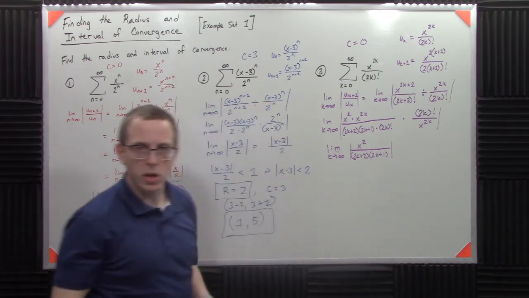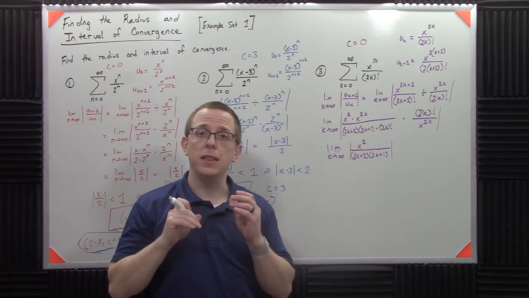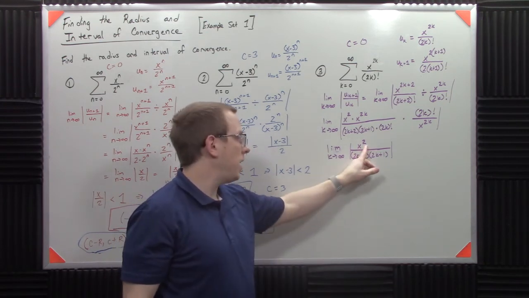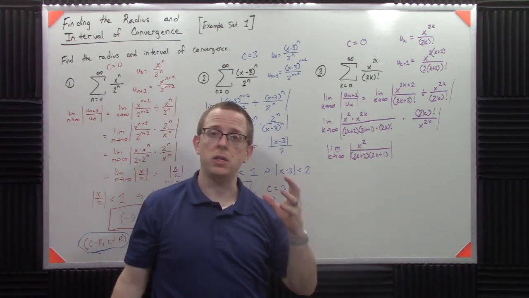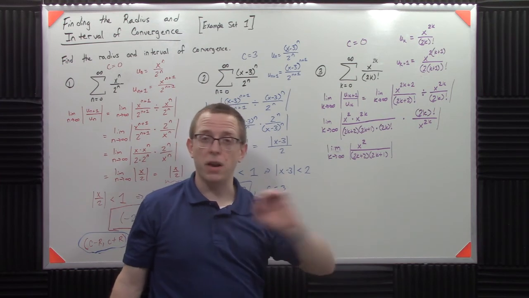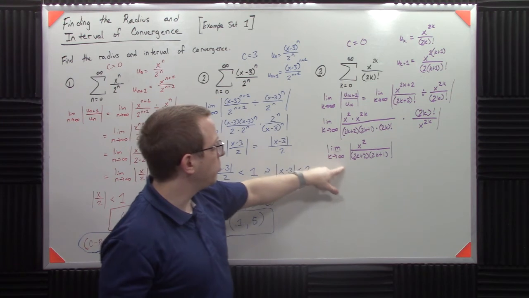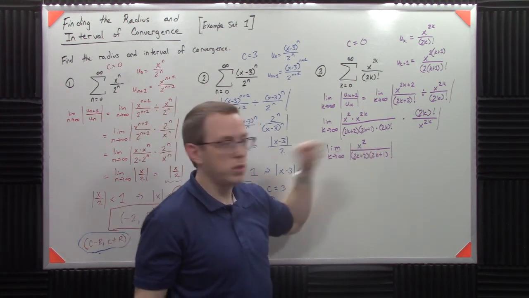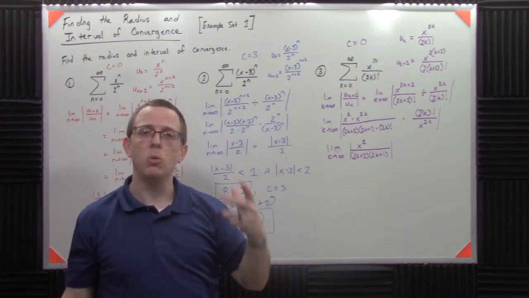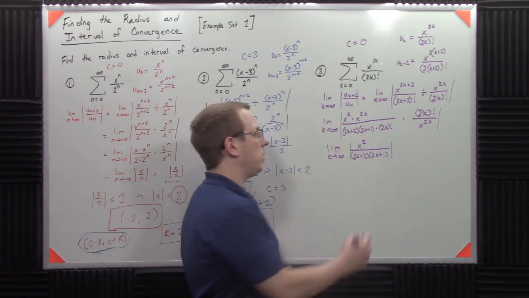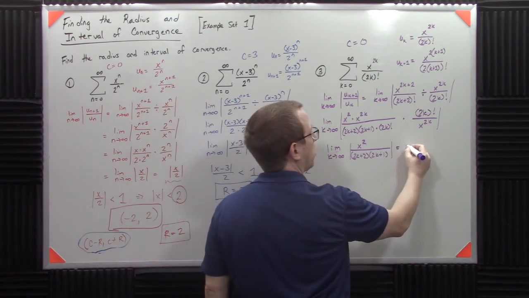So here comes the tricky part. The tricky part is that in this limit, the x value is actually a constant. It's not a variable in the way you're thinking about it, because the k's are moving, so the x is considered fixed. That means that realistically I can factor out that x squared.